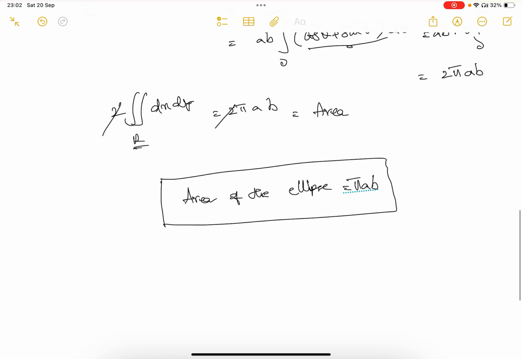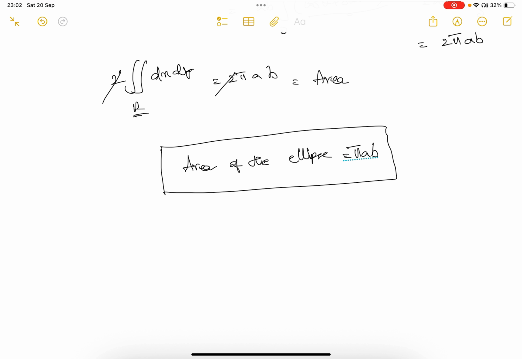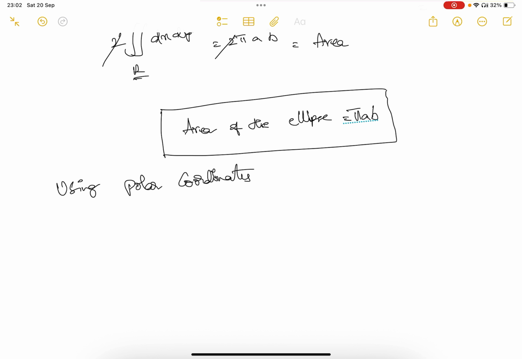Now, I mean, you can just calculate using polar coordinates too. Let's solve that. Right, using polar coordinates.